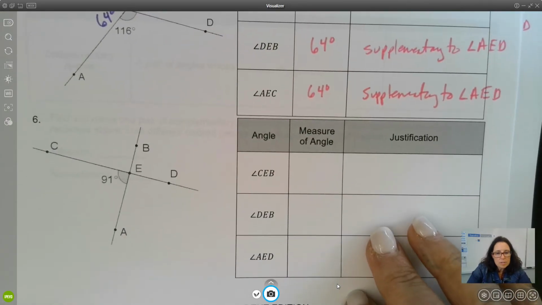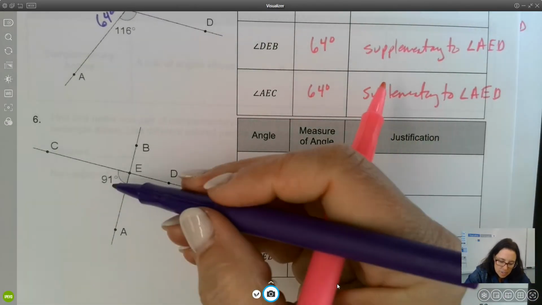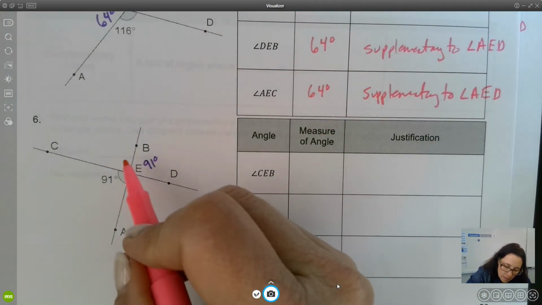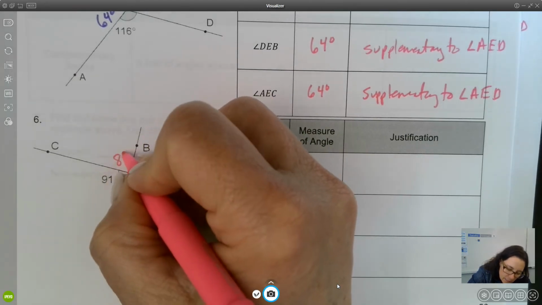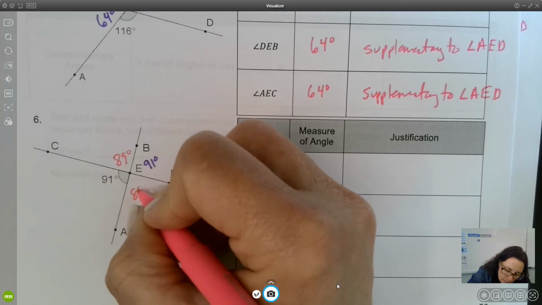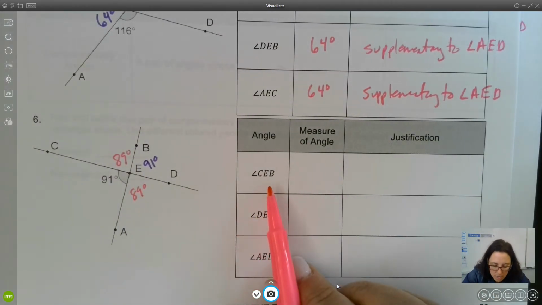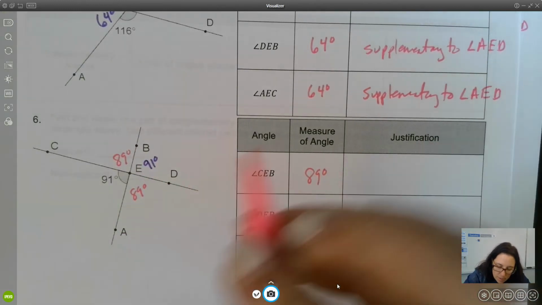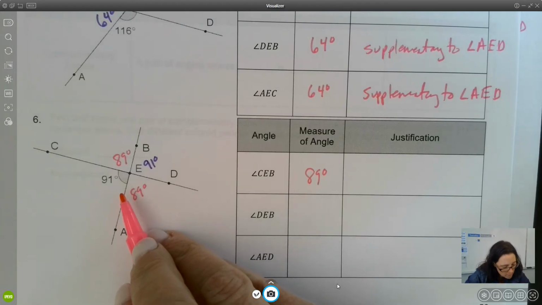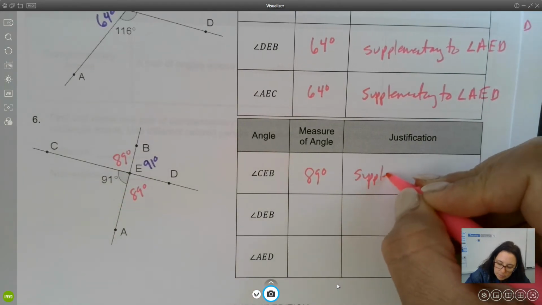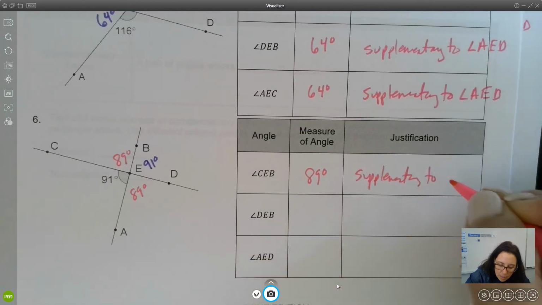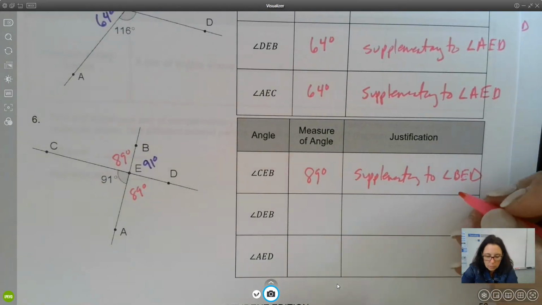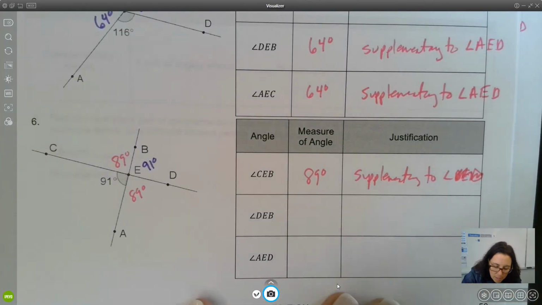All right, number 6. Again, if this is 91, straight across from it is 91. These two would need to add, so if that's 89, that would be 89. CEB is 89 degrees, and that's because it is supplementary to, I'm sorry, BED wasn't given. CEA was given.